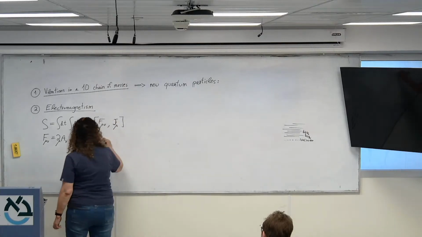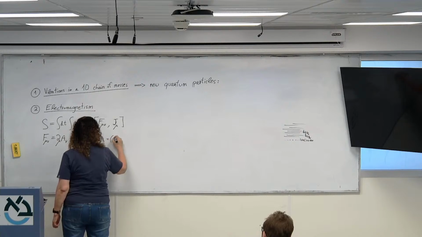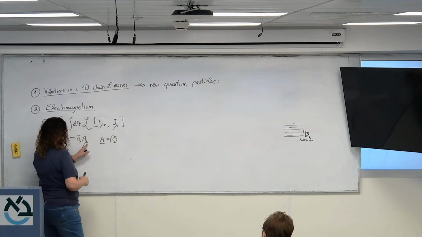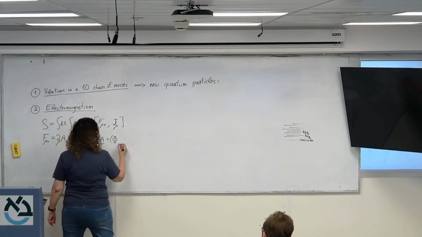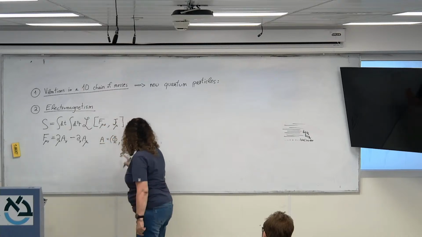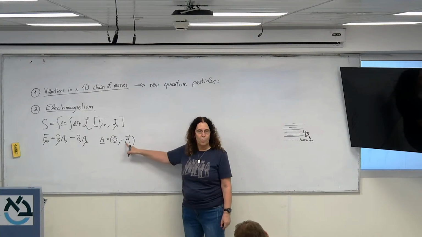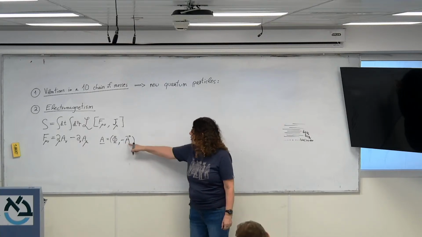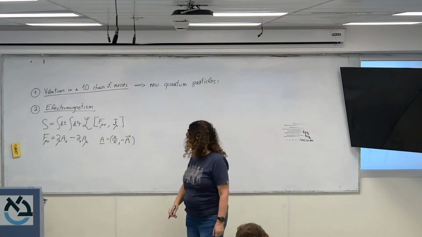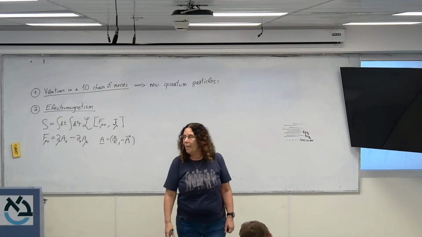Okay, so A here is a 4 vector where the 0 component, mu equals 0, is the electrostatic potential, and the 3 space components are the vector potential, a 3-dimensional vector, okay? This is the definition, maybe up to a minus sign, but it doesn't matter.